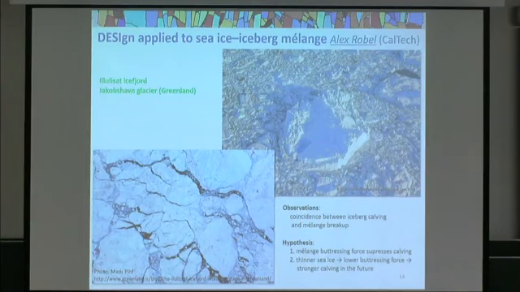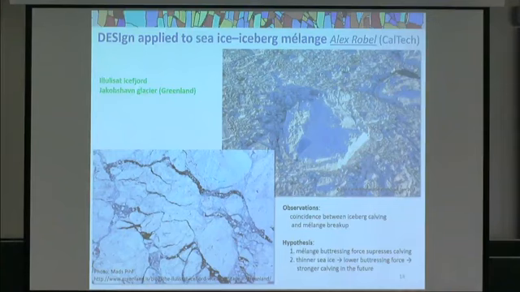In particular, what is observed in Greenland in many fjords is that there is a coincidence between the iceberg calving and melange breakup, in the sense that in spring, when the sea ice between icebergs is melting or breaking, we observe a rapid increase in iceberg calving rate. And the related hypothesis is first that this melange of icebergs and sea ice might exert a buttressing force that suppresses calving in winter when sea ice is thick.